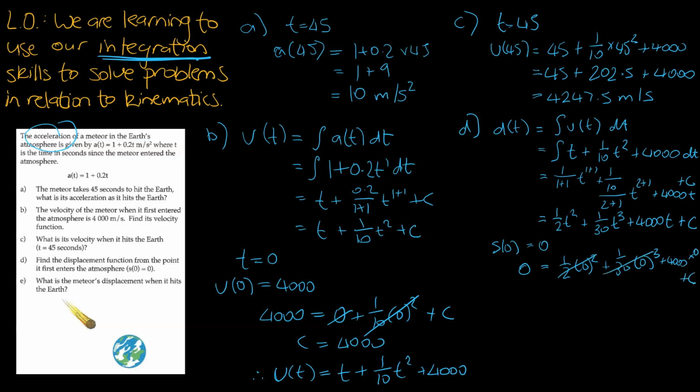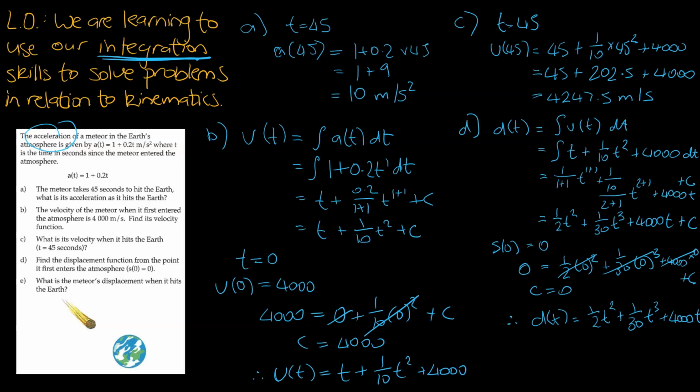So this and this, they all cancel each other out, which means c is equal to 0. So therefore, the displacement formula in terms of t is going to be 1/2 of t squared plus 1/30 of t cubed plus 4,000 t. And that there would get us our displacement formula.